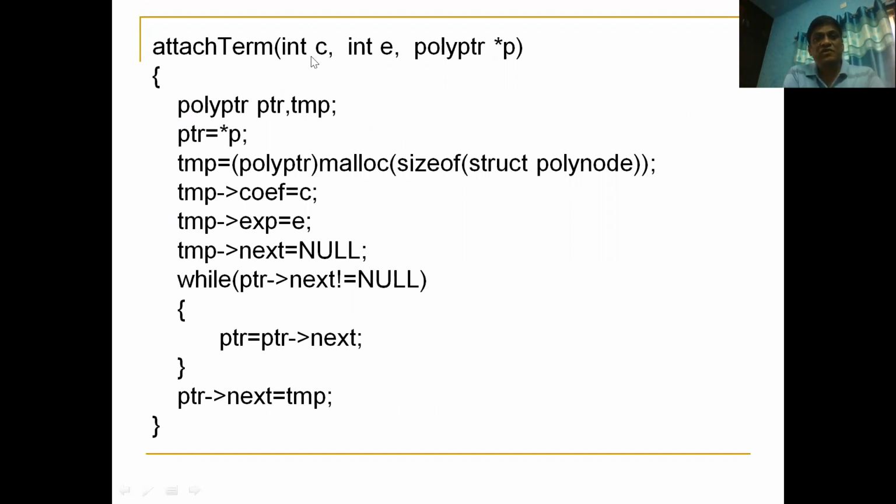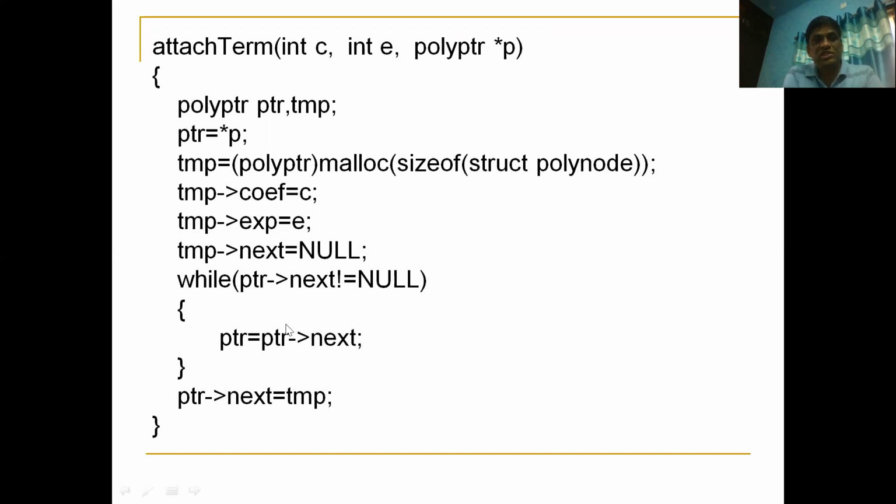It takes the coefficient and exponent and a pointer to the result polynomial, and then it simply adds the information of coefficient exponent into a temporary node TMP and moves to the end of the list by using while ptr next not equal to null, ptr is equal to ptr next, and at the end it adds the TMP.